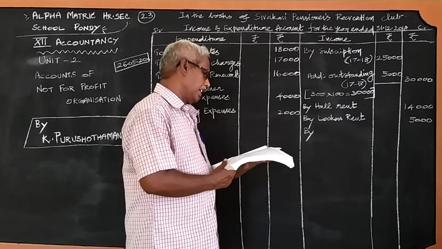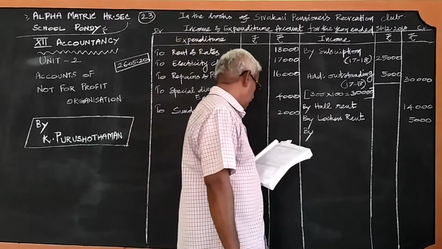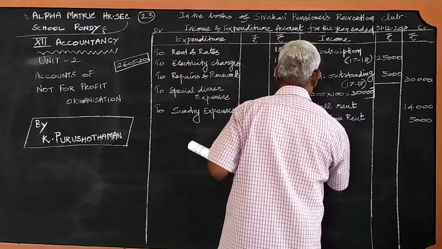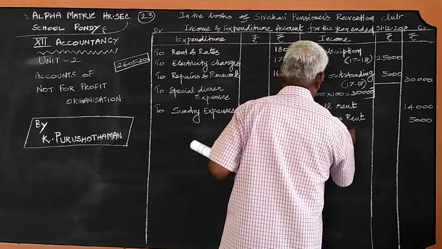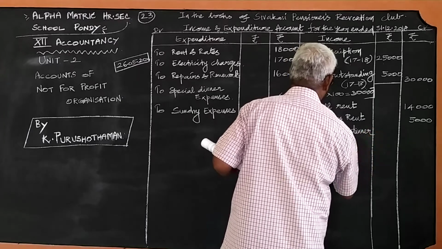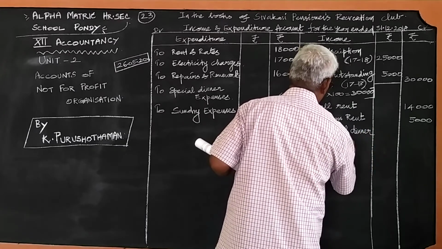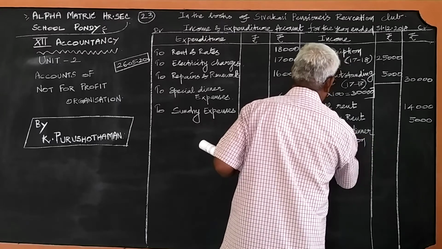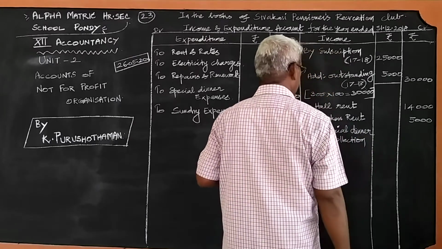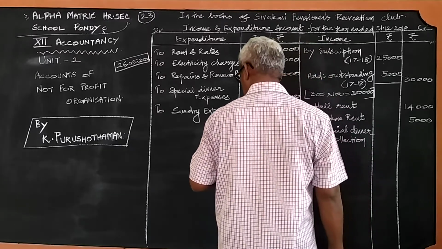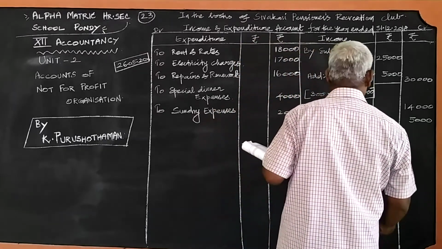Here, special dinner collection, the amount is 12,000.